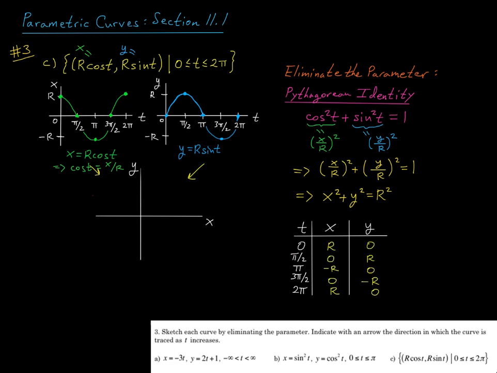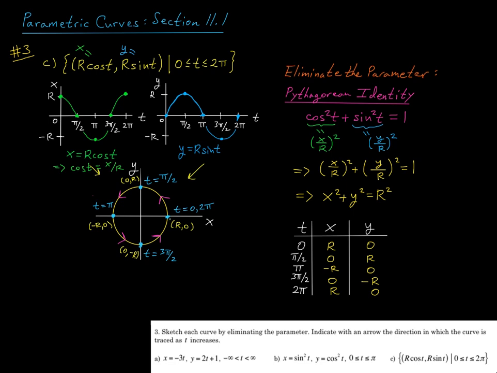All right, so if I plug in these values, 0, pi over 2, pi, 3 pi over 2, and 2 pi, we get these different values for x and y. And so we're moving along this circle of radius r centered at the origin. When t is 0, x is equal to r and y is 0.